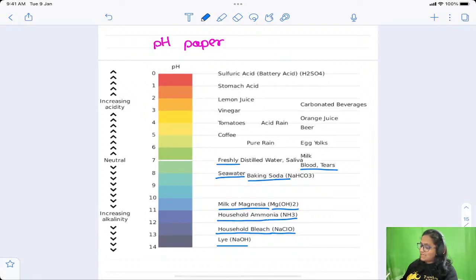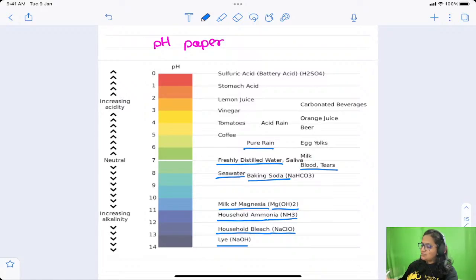Then freshly distilled water, okay, so this is 7. Freshly distilled water I will explain later after this image. Then pure rain, it has pH in between 5 to 6. Then coffee 5, coffee is also acidic.